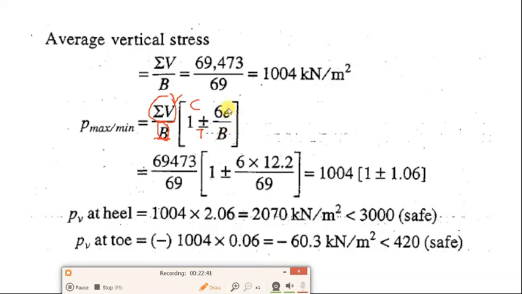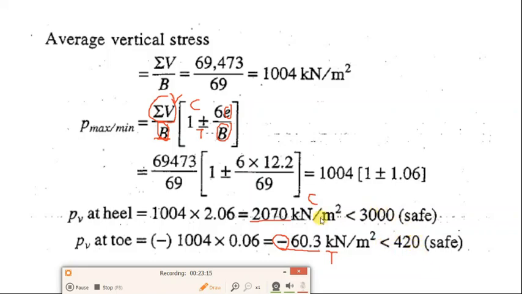We have calculated e in the previous slide. So putting all the values, you will get P at heel is 2070, and P at toe is 60.3. The negative sign indicates tension, and the positive sign shows compressive stress.